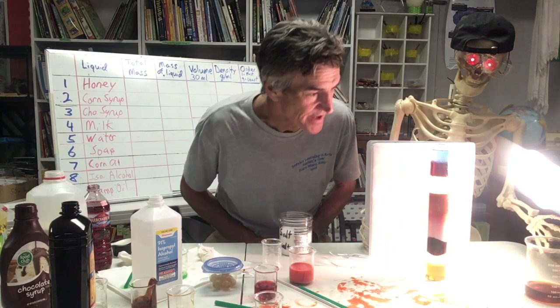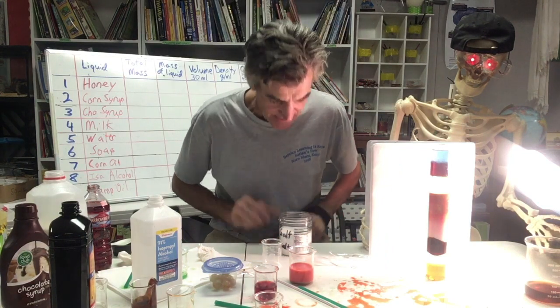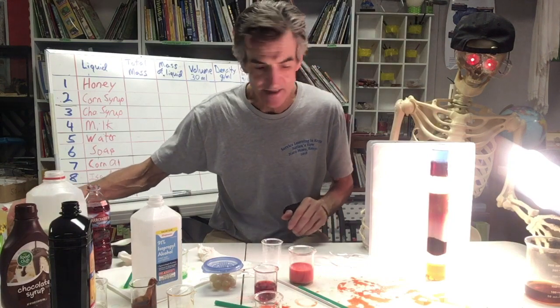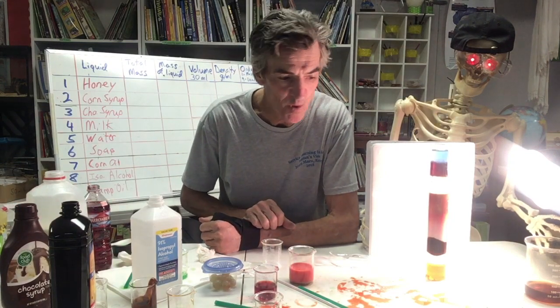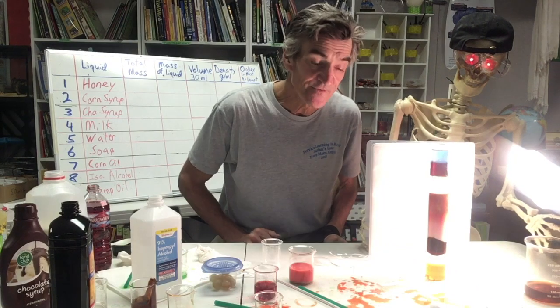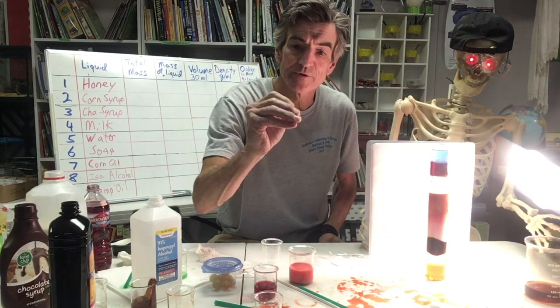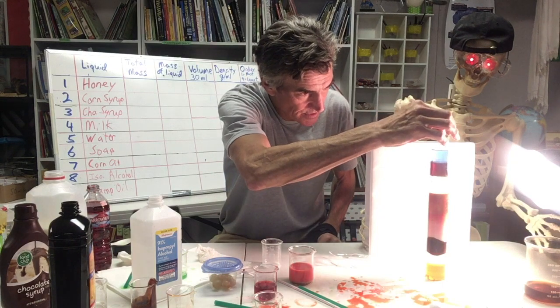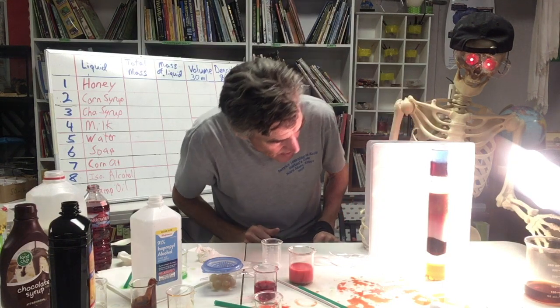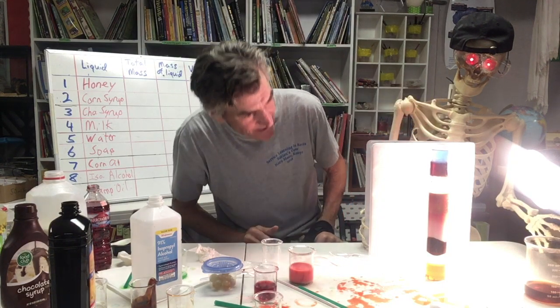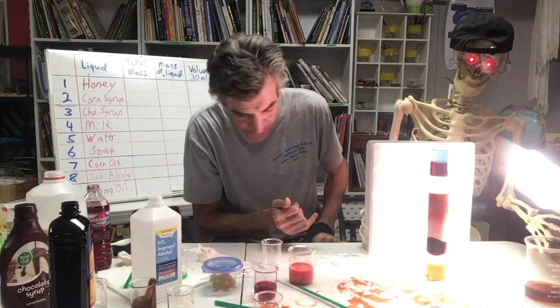All right, now that I have all of my liquids in my tower, let's drop a few things in and see what happens. First, I'm going to drop in a corn kernel. All right, I kind of lost it in the soap layer.